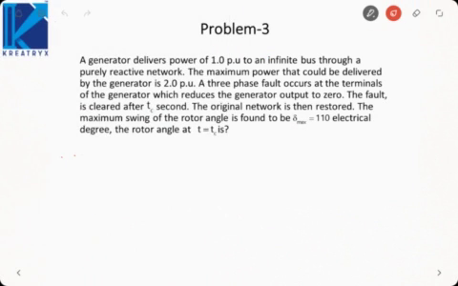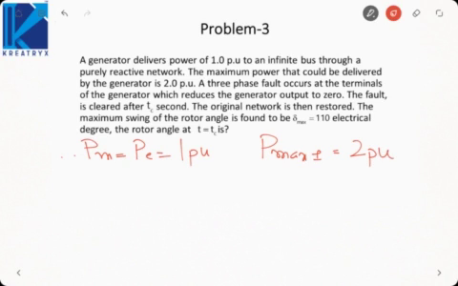In our next problem, it says a generator delivers 1 pu power to an infinite bus through a purely reactive network. That means PM is equal to PE is equal to 1 pu, because it is talking about steady state. The maximum power that could be delivered by the generator is 2 pu, so P max 1 is 2 pu.